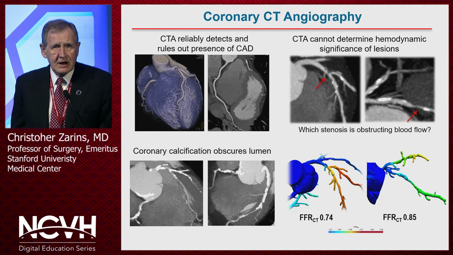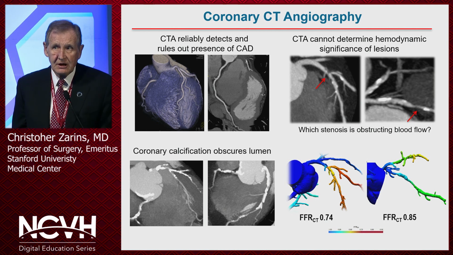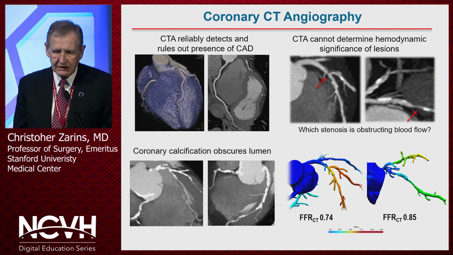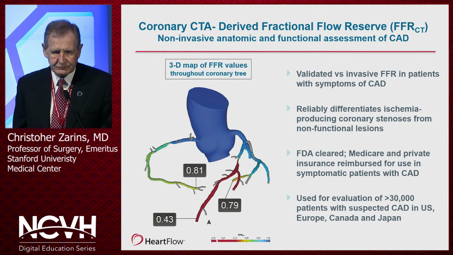Well, if you now do computational analysis of that coronary CT scan data, you can compute coronary blood flow non-invasively, and you can now get that fractional flow reserve computationally. And here you see that when the FFR-CT is less than 0.8, that's significant, and it highlights in red and yellow. And if it's greater than 0.8, it's green and blue and does not need to be treated.